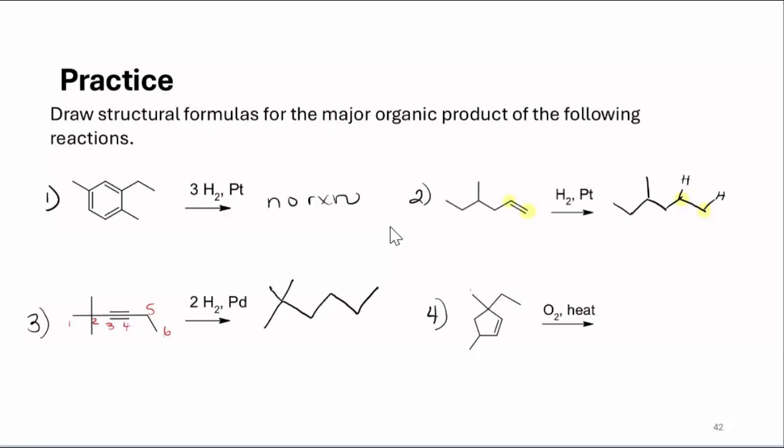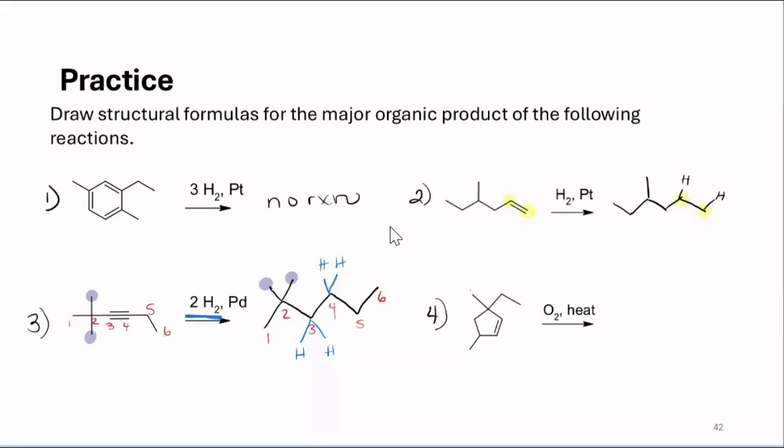Let me just label them so you see. So this methyl and this methyl I'm writing here. Let me just number the carbons. 1, 2, 3, 4, 5, and 6. There's no other substituents in the molecule. Lastly, I'm going to write the 2 hydrogens that are added on 4, the 2 hydrogens that are added on 3, which come from this. And that's how you write the product specifically for reaction 3.